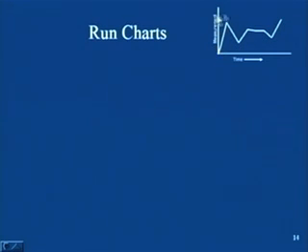If you see this run chart, these data points are joined from the previous data with a line, and we know all the values. If we take the average of all these values, we can draw a horizontal line here, and that basically tells us the average of all the data.